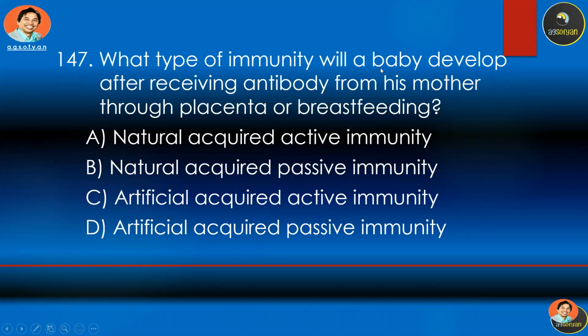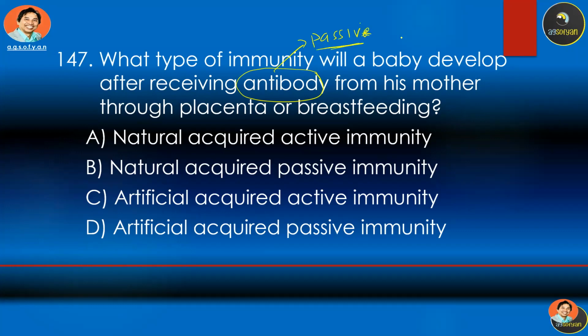What type of immunity will a baby develop after receiving antibody from his mother through placenta or breastfeeding? A, B, C, or D. Now, receiving antibody, it's going to be passive, because there is no production of memory cell, just receiving antibody.